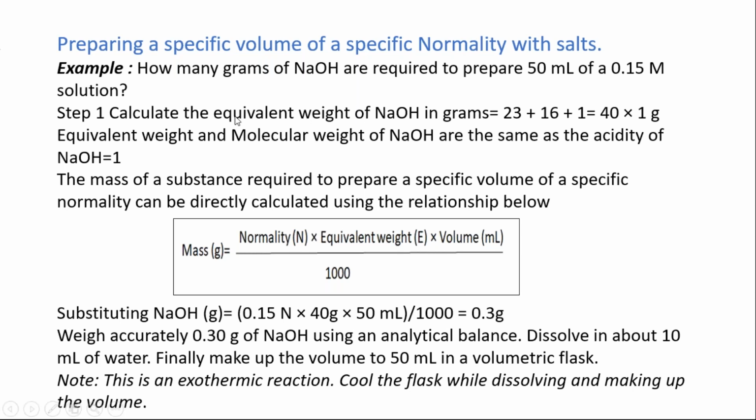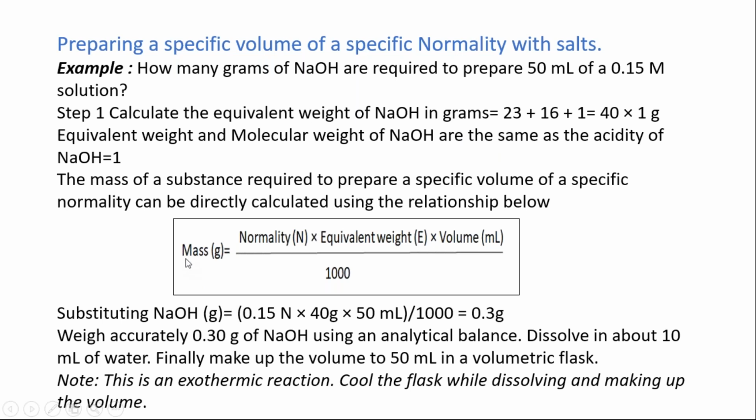So if you dissolve 40 grams of sodium hydroxide and make up to 1 liter, what you have is a 1 molar or a 1 normal solution. To find out the mass in this case, you can use this relationship.